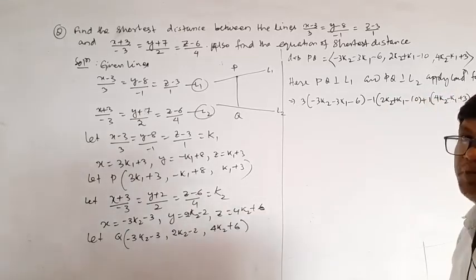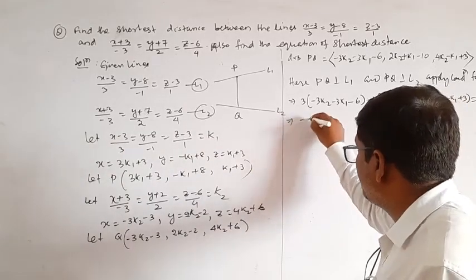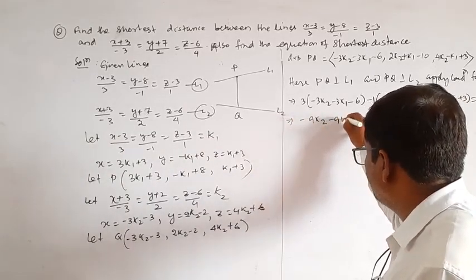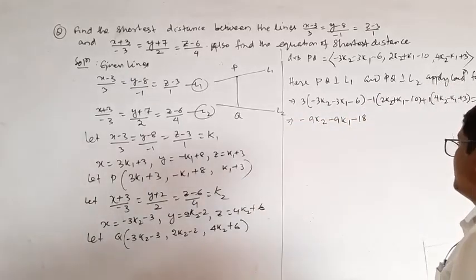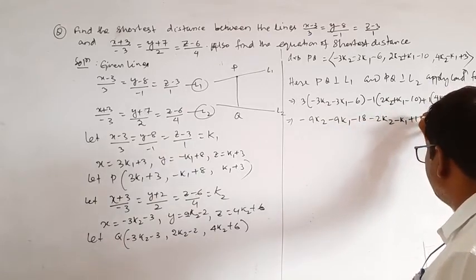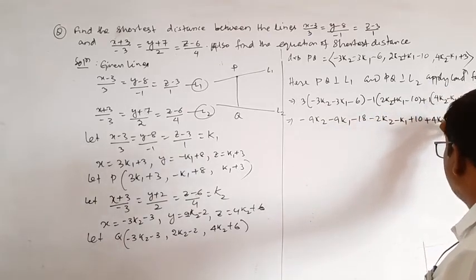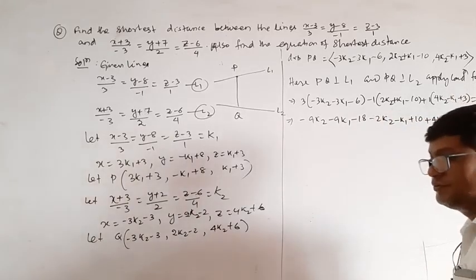So here, simplify, that is: minus 9k2 minus 9k1 minus 18 minus 2k2 minus k1 plus 10 and 4k2 minus k1 plus 3 is equal to 0.